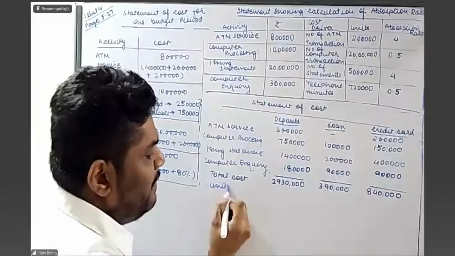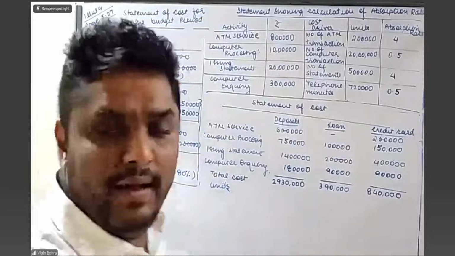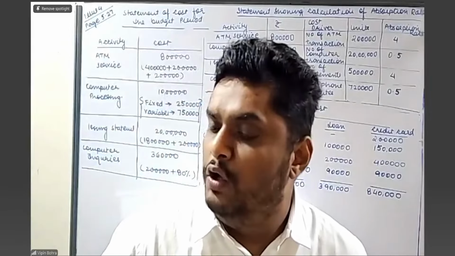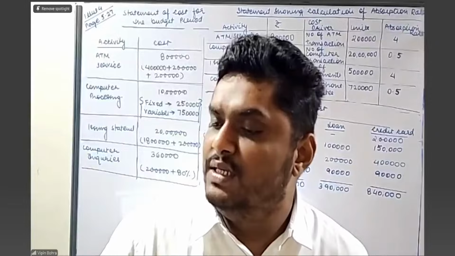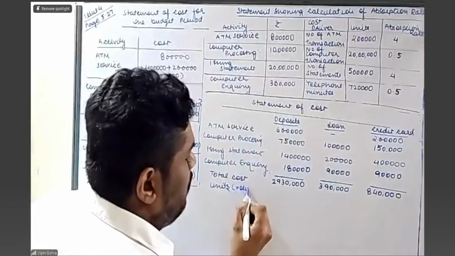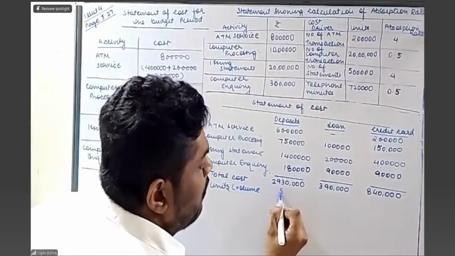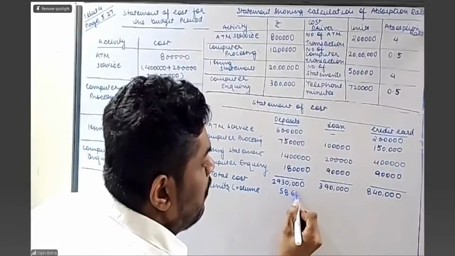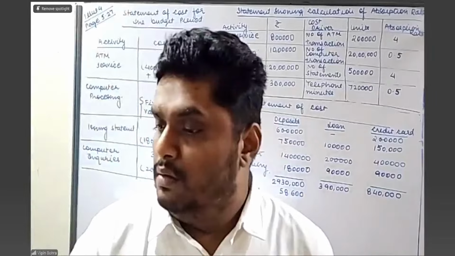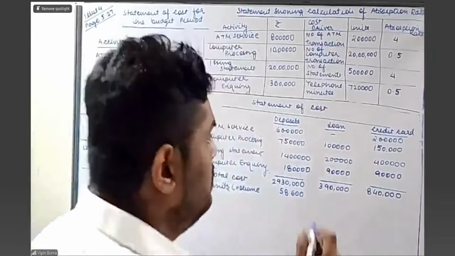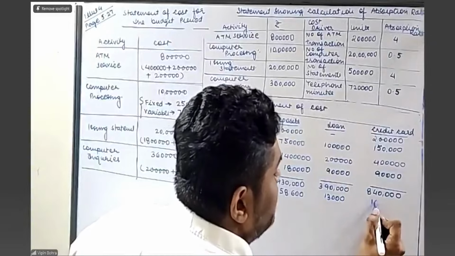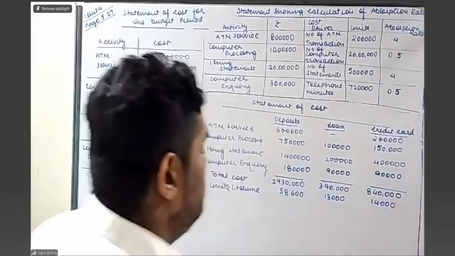If we divide it by the number of units, we will get the cost per unit. And when talking about the number of units or volume, it is 58,600 deposit accounts, 13,000 loan accounts, and 14,000 credit card accounts.